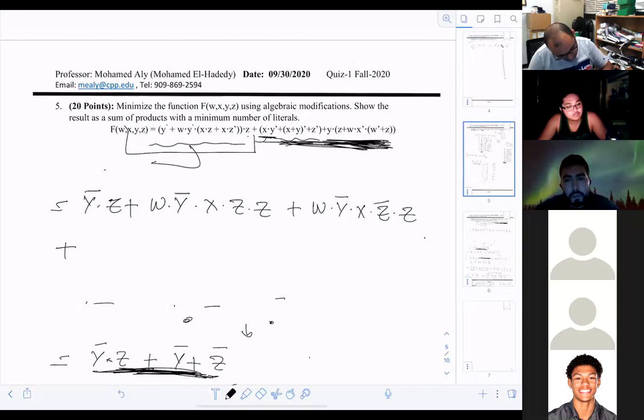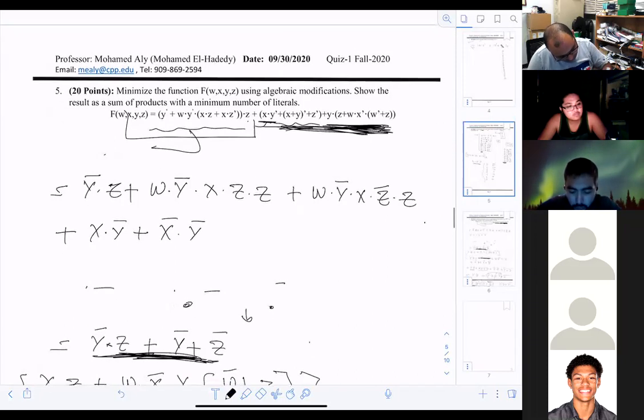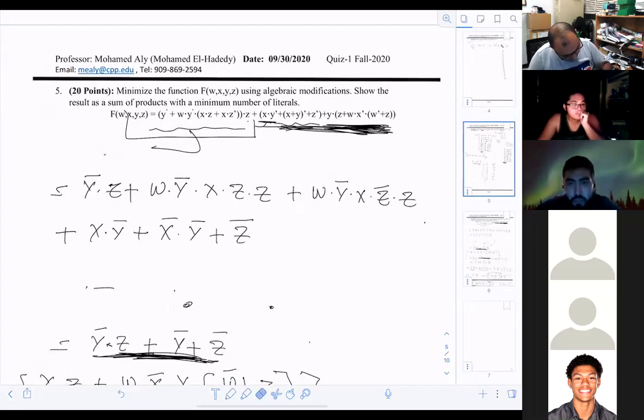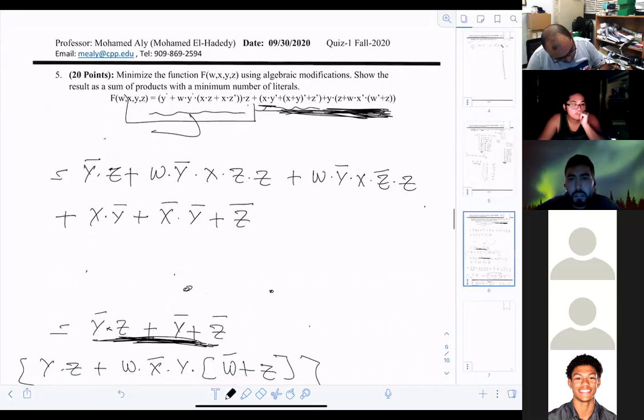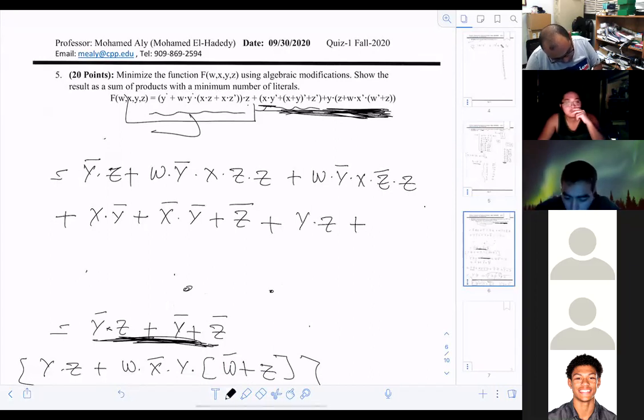Then we will go into this one. This one is what? X, Y complement, like this, right? And Z complement, right? Then this will be Y, Z. Then W and X are going to go into Y also.